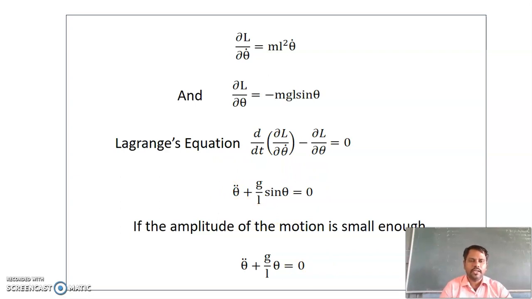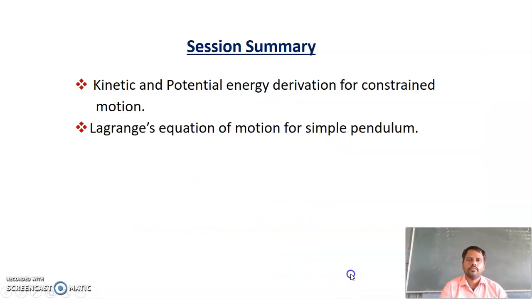Now you see that by knowing the kinetic energy and potential energy of the simple pendulum, you are able to arrive at the equation of motion. So in this session, we learned how to derive the kinetic energy and potential energy for a constrained motion, and we also saw how the simple pendulum equation of motion is arrived at using Lagrangian equations.